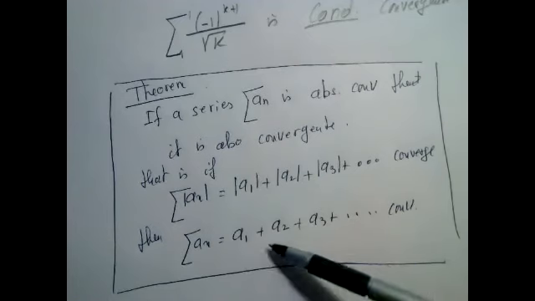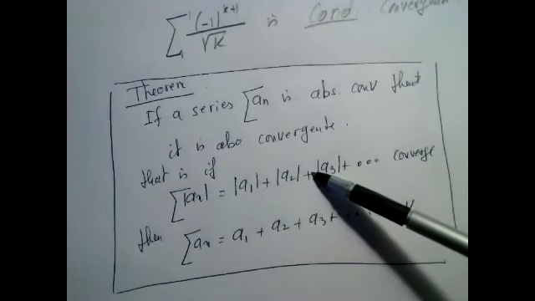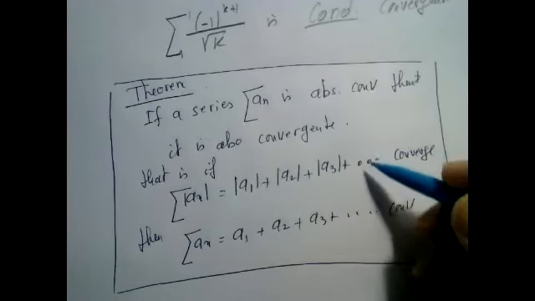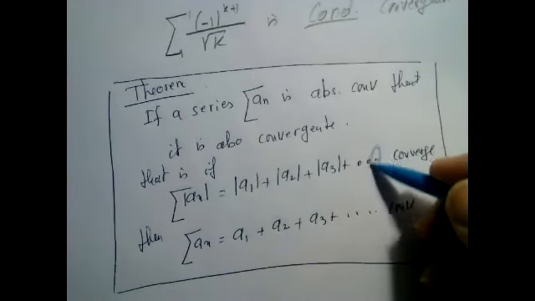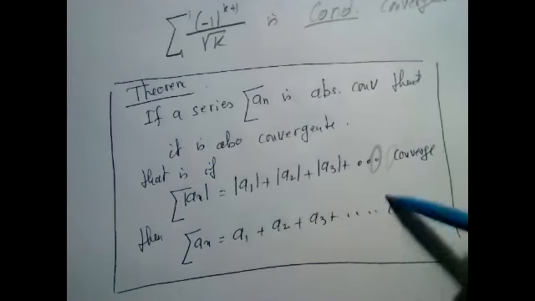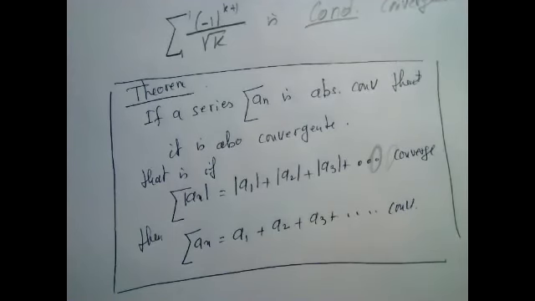If it converges without absolute value, we have no idea whether it converges with it. The intuition is that if this one converges, those terms are going to 0 very fast, so even when you remove the absolute value, they will still go to 0 very fast. That's really the intuition behind why this holds.